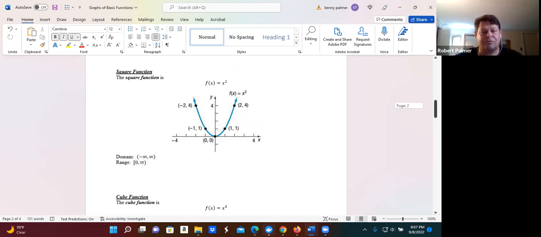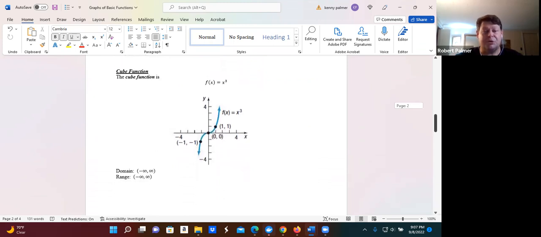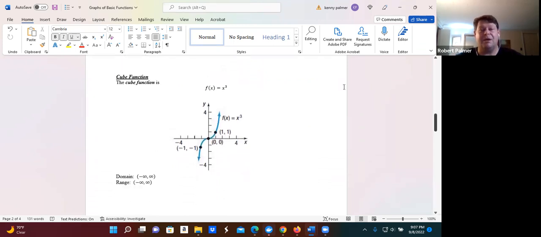Next, the cube function. As it sounds, f of x equals x cubed. You plug in x and you cube it. Here, if you cube a number, it can be both positive or negative, depending on what it starts out with. If x is positive, x cubed is positive. For example, plug in 1, you get 1. Plug in 0, you also get 0, since 0 cubed is 0.